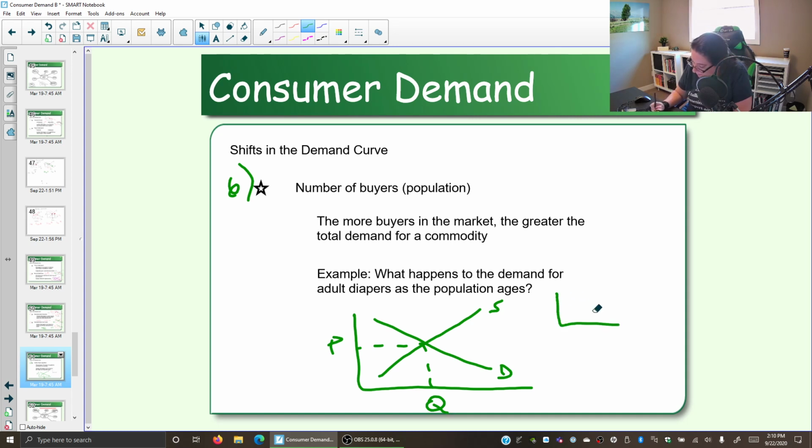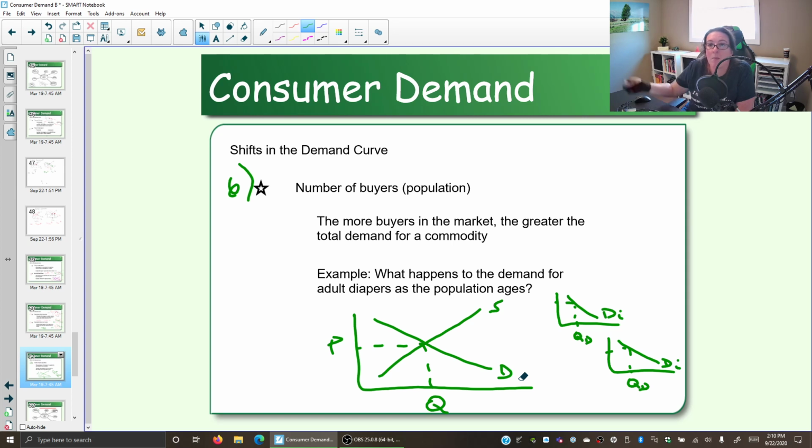And if you remember, we had an individual demand curve for one person, another individual demand curve for a second person. This market demand curve came from adding up the quantity demanded for each person at that same price. So we added up the quantity demanded at a specific price for everyone. That's how we get this market demand.